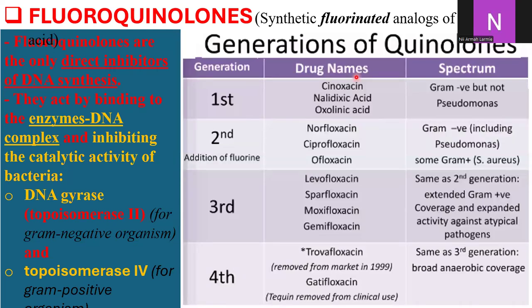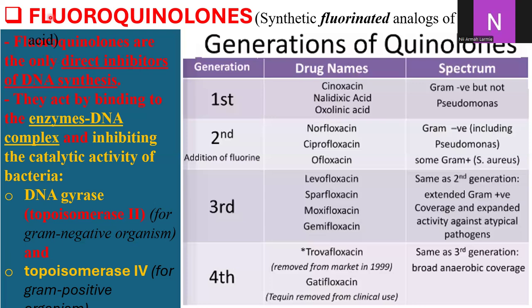The fluoroquinolones basically are fluorinated analogs of nalidixic acid, the primary first generation quinolone. We can see that there have been 4 generations of quinolones with various examples, and beginning from the second generation, fluorine was added.